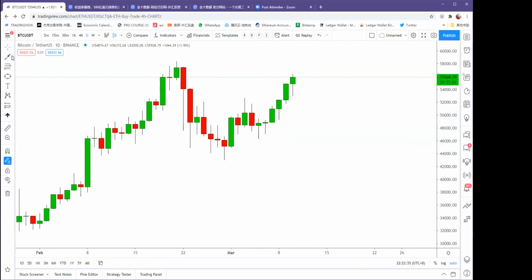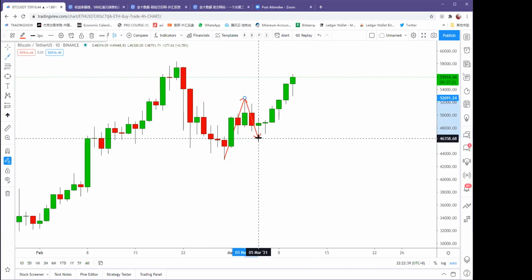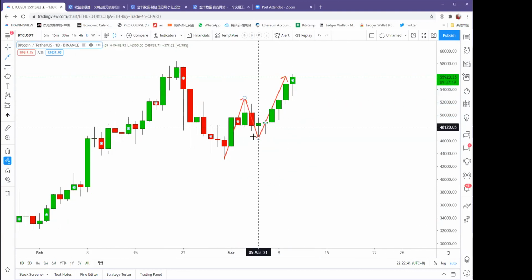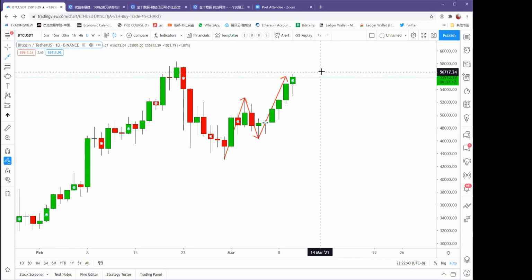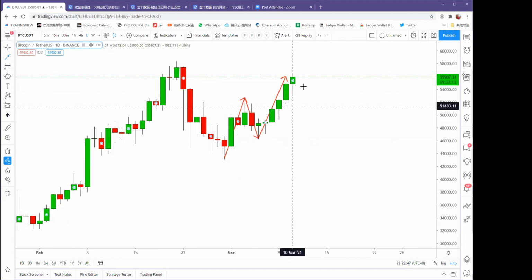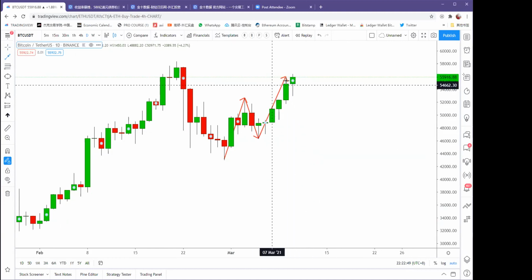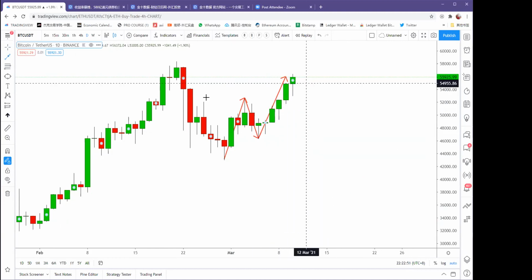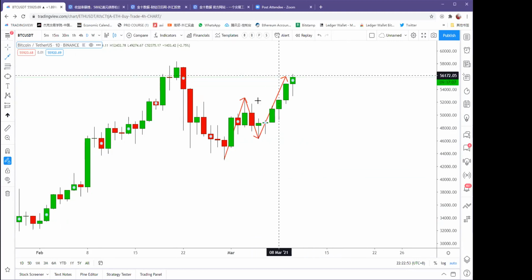The 618 gives us a very perfect entry for the Bitcoin. Now it rallied around 10k profit to 56k. So from 46 to 56, this has been a perfect trade for the Bitcoin, gained 10k dollars per coin.